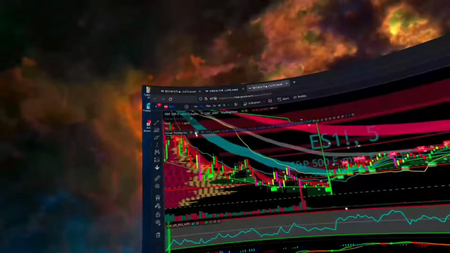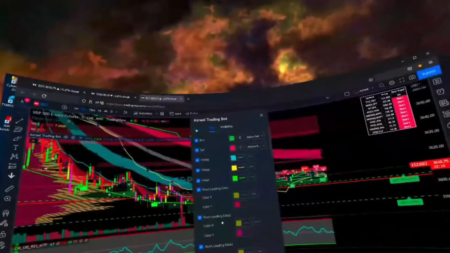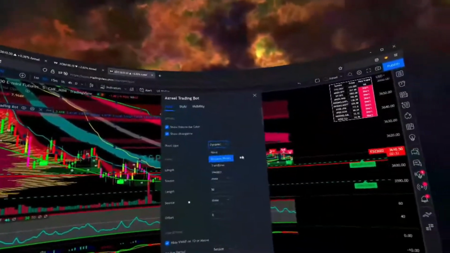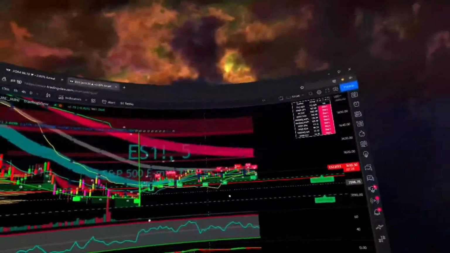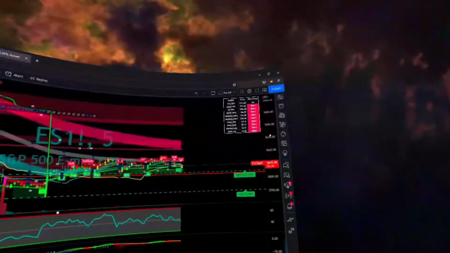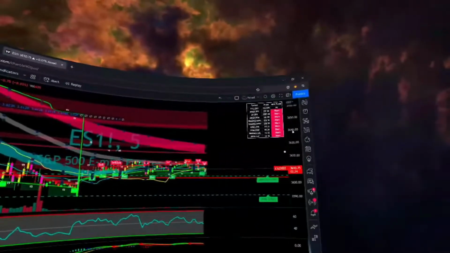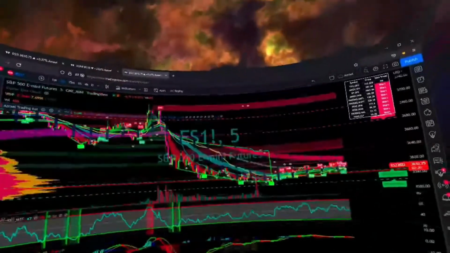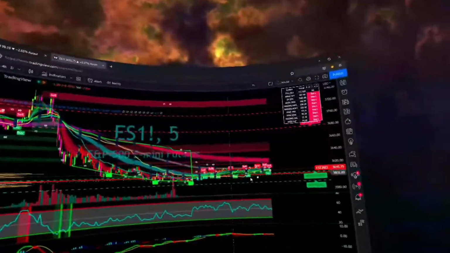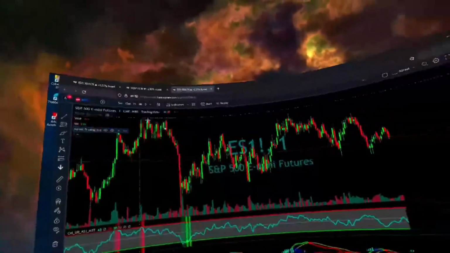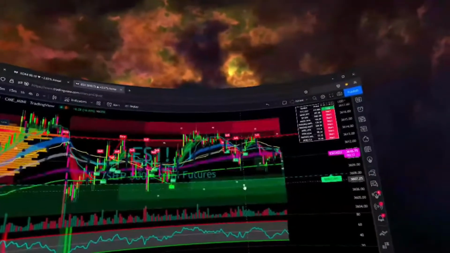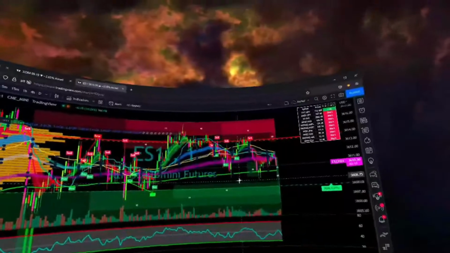Let's turn on the pivots real quick. Oh, they're already turned on. So from here, let's look at the 5-minute. There's not much activity in the 5-minute, so let's look at the 1-minute charts and see what's going on.